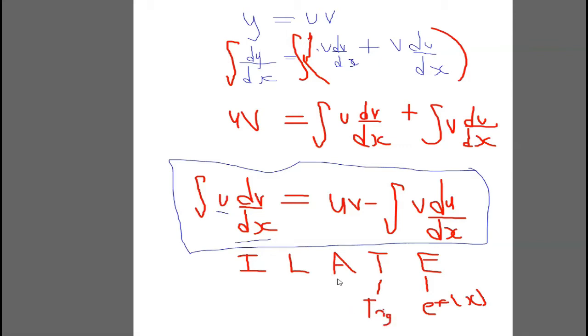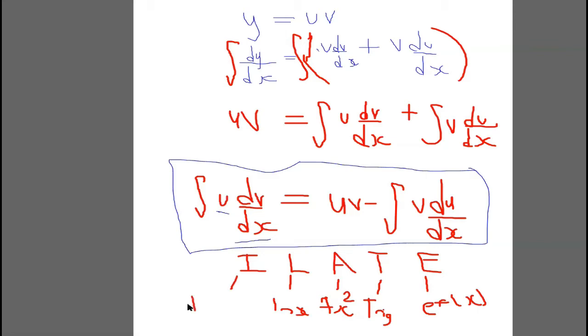A stands for algebra. So when you see your 7x squared, your 5x, all of those stuff with x, those are algebra. L stands for logarithm, meaning when you see your ln x, that's logarithm. And I stands for inverse trig functions.